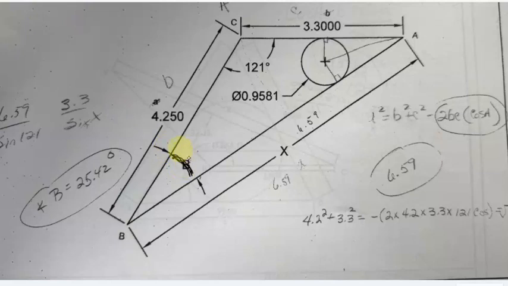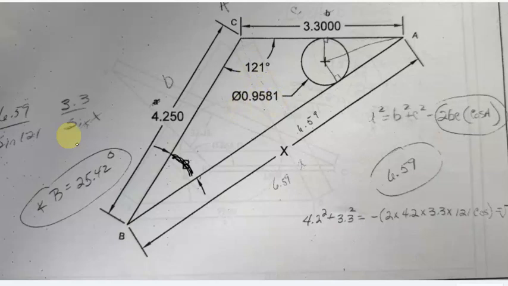Now, in order to find angle B, I know side B, I know the angle, and I know this side. The problem is that I don't know this side right here, and so I'm going to need this side to solve for it.